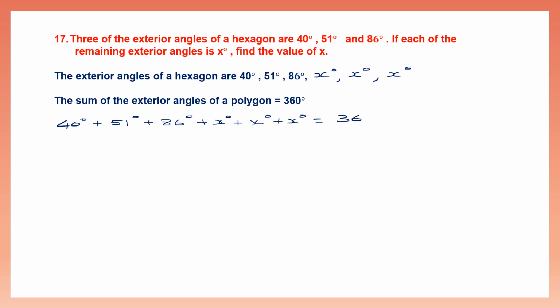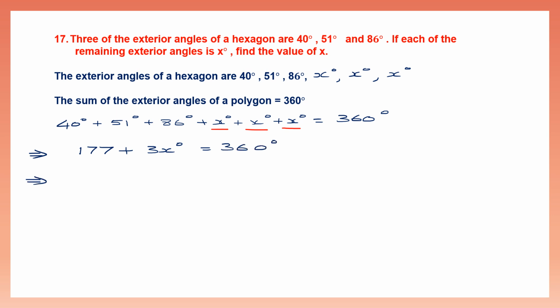All this should give us 360 degrees. So now let's simplify this. If you add up 40 plus 51 plus 86, you will get 177. And here we have x plus x plus x, that makes it 3x degrees, all that should add up to 360 degrees.